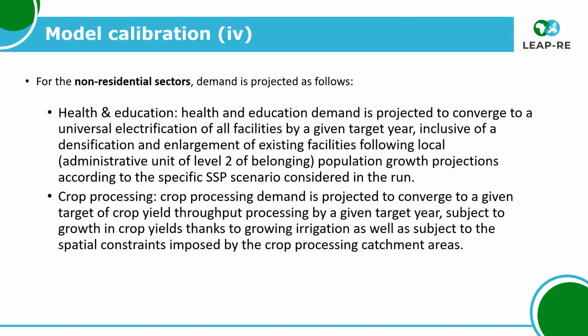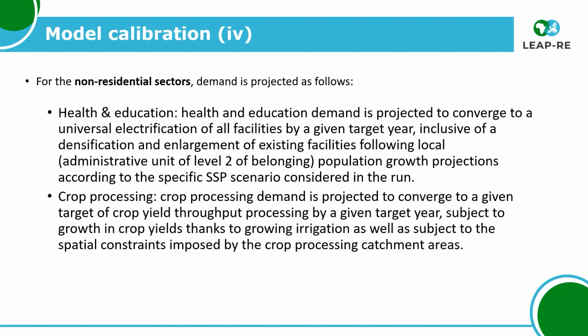And in other sectors, demand is projected following targets like policy pushes. So for health and education, there is a target to converge to a universal electrification of all facilities by a given target year, so to gradually bring electricity to all health and education facilities, also according to required densification of facilities to cope with ongoing demographic growth.